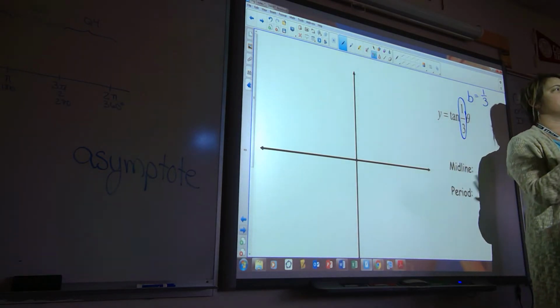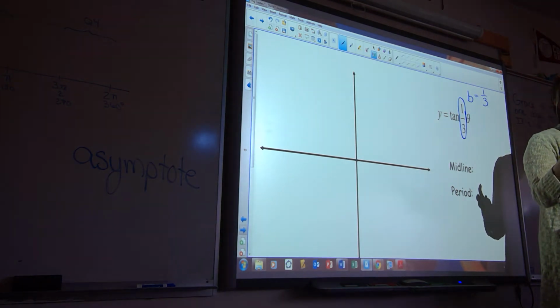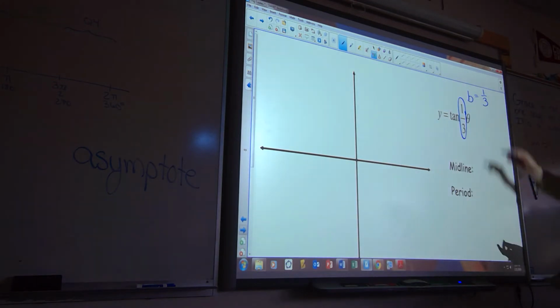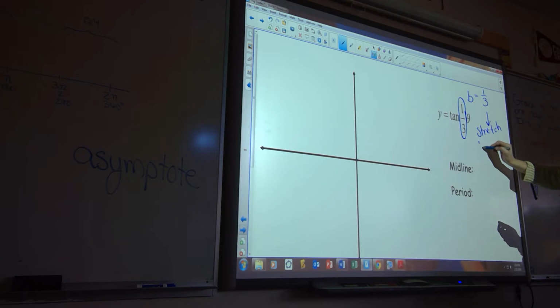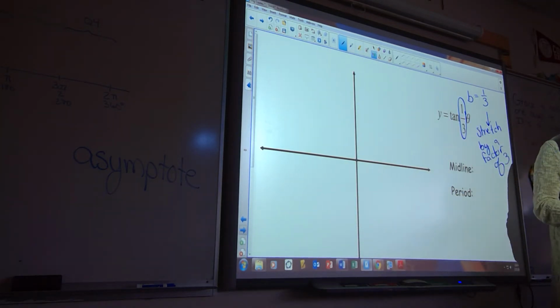Now, does anybody have an idea of what's happening here? Did it stretch or did it shrink? It stretched by a factor of 3. Awesome. So this is a stretch by a factor of 3. If you can get yourself through that logical conclusion, it will make it a lot easier.